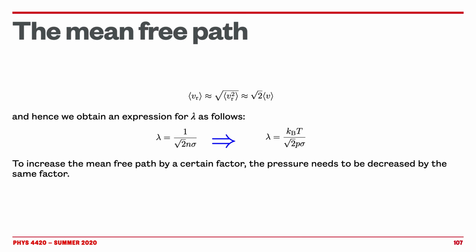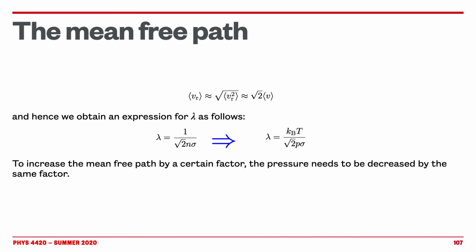Increasing the pressure means you're increasing the probability that two particles will collide. And of course, same thing for sigma. If you increase the cross section, that means that there is a larger chance that two gas molecules will collide, and therefore the distance that the particle needs to travel will be lower.